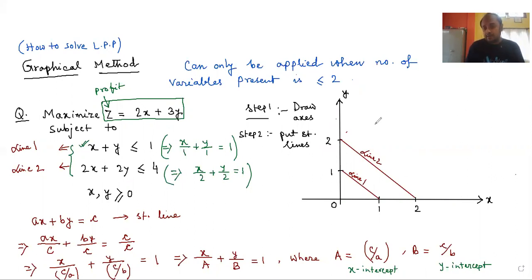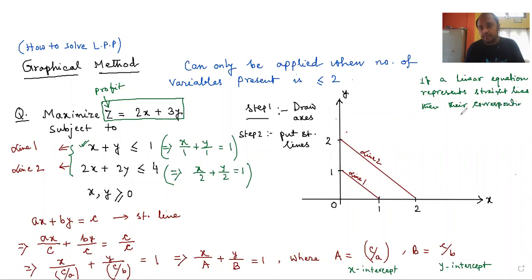But remember, let us write this point over here, it's a very important point: if a linear equation represents straight lines, then their corresponding linear inequations represent regions bounded by these straight lines.